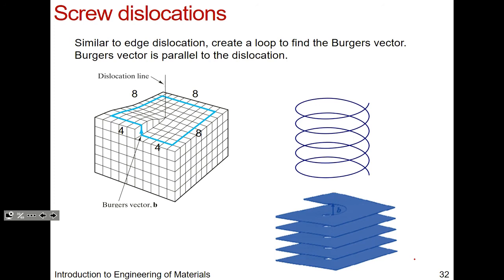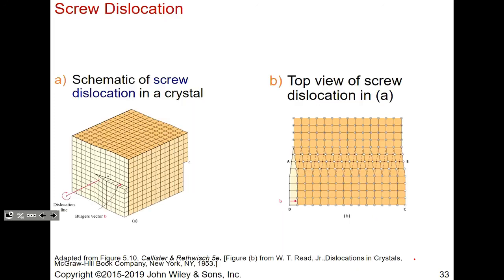We won't go into it too much, mainly because there's enough to do with edge dislocation and also point defects, but I just wanted to point it out to you because if you're working in metallurgy, your microstructure and your mechanical properties will be affected when you have these screw dislocations. And you'll see that when you do microscopy and imaging. Okay, so these are just different renderings of edge and screw dislocation.